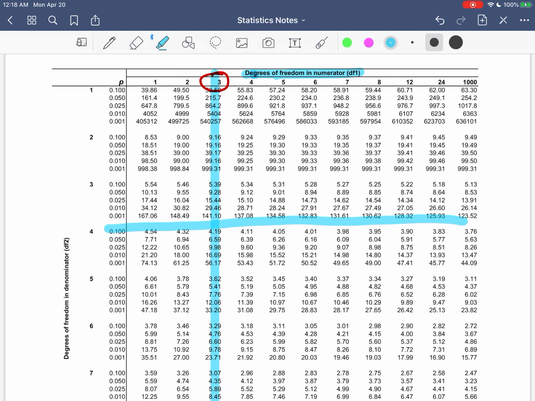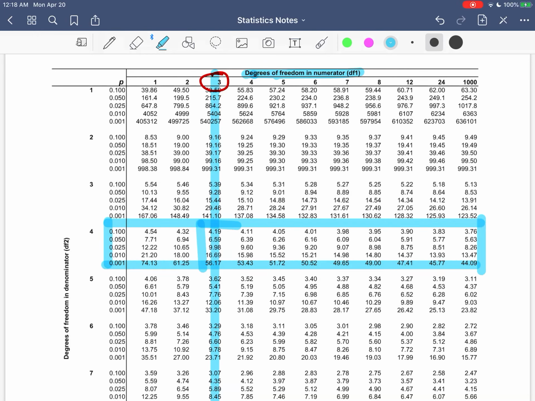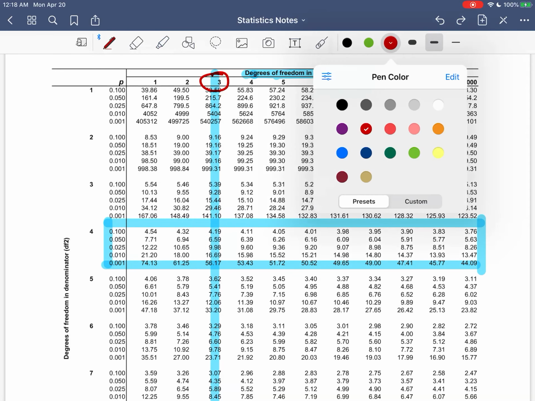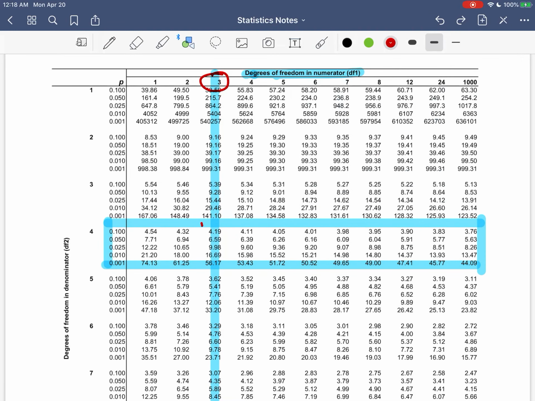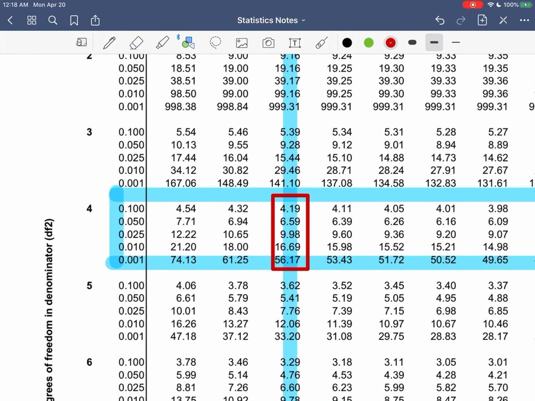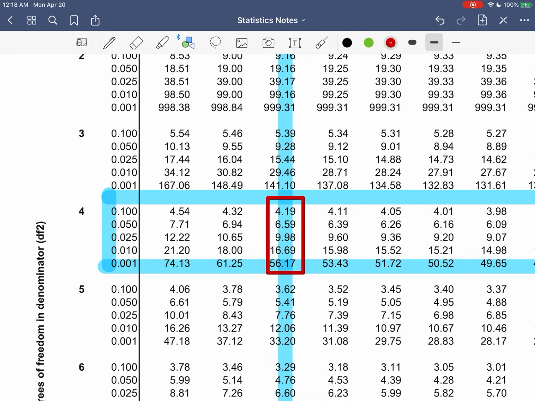So any of these numbers could be the critical value. If we're using 1%, which is this one right here, the answer should be 16.69.